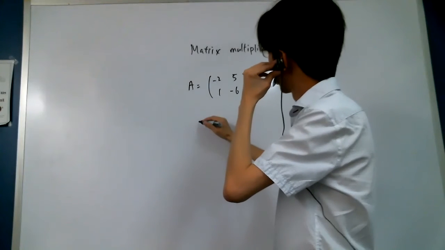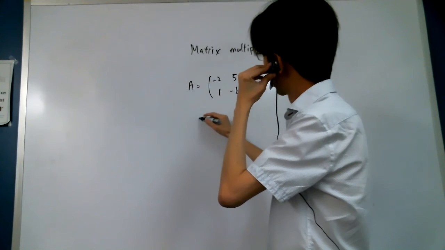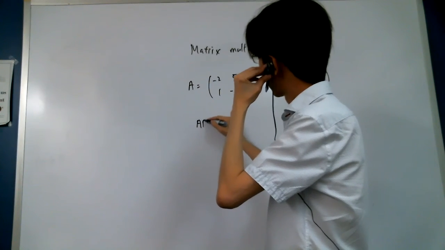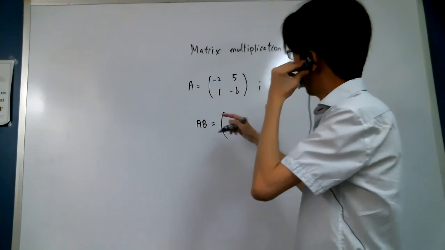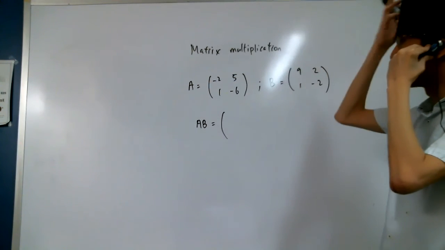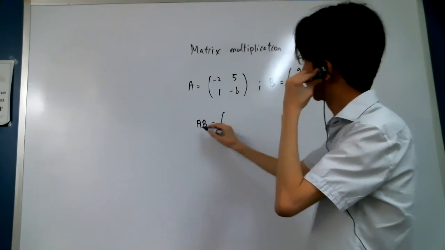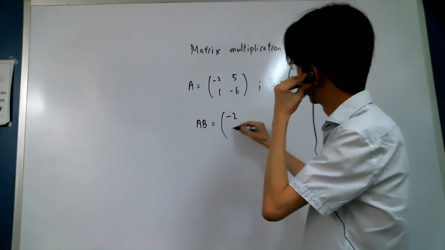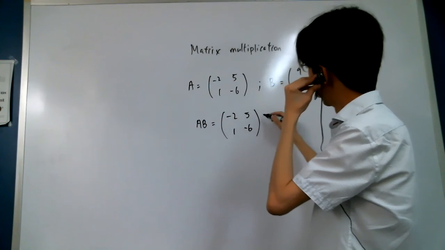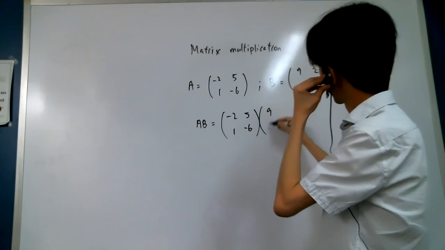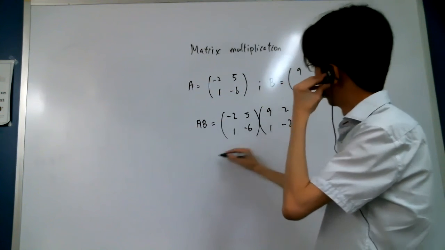Okay, so you are supposed to carry out the multiplication between these two matrices AB. So AB, you have to follow the order that is given. So it's A multiplied by B. So you write down A first, then multiply by B, 9, 1, 2, and minus 2.